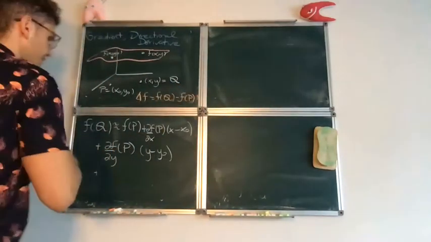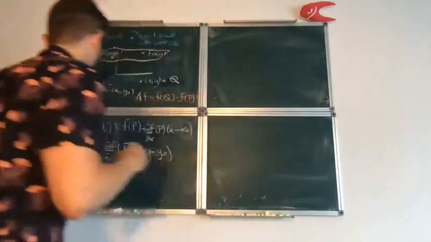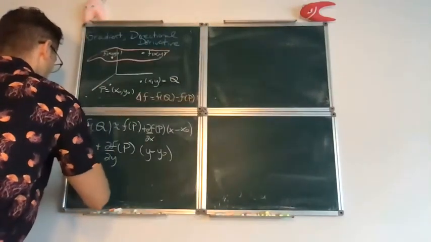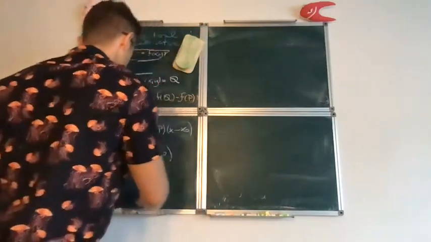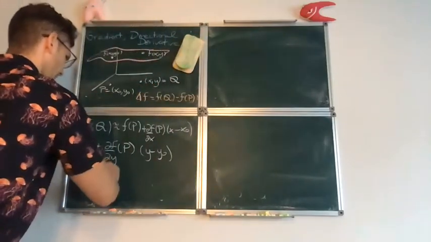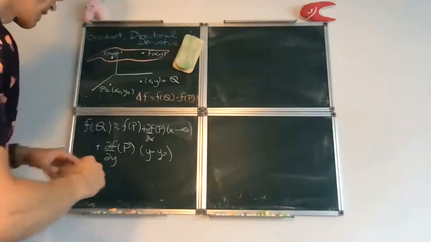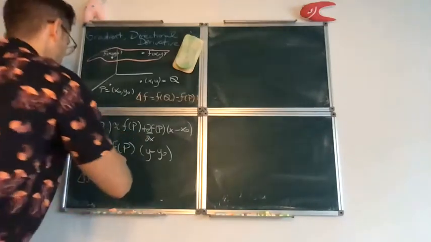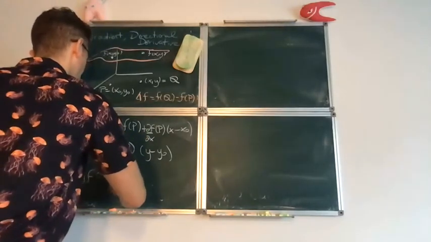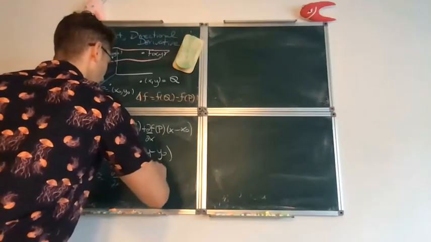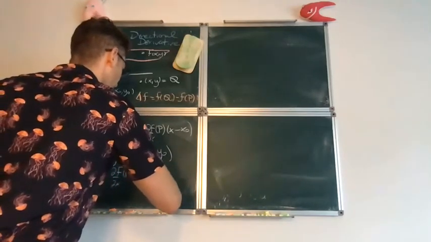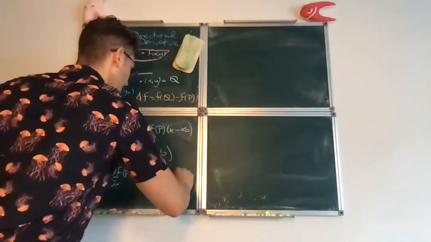And so that means that Taylor's approximation tells you that delta f is approximately the partial derivative of f with respect to x evaluated at P times x minus x naught plus the partial derivative of f with respect to y evaluated at P times y minus y naught.